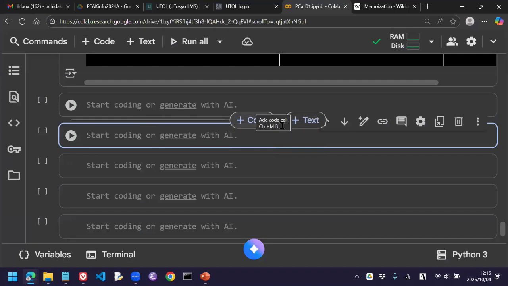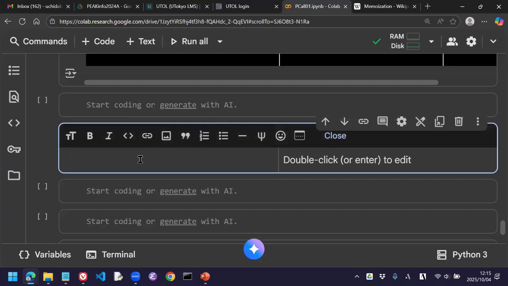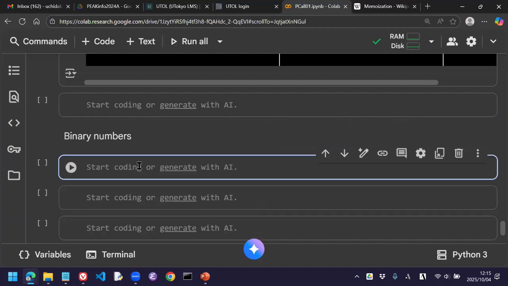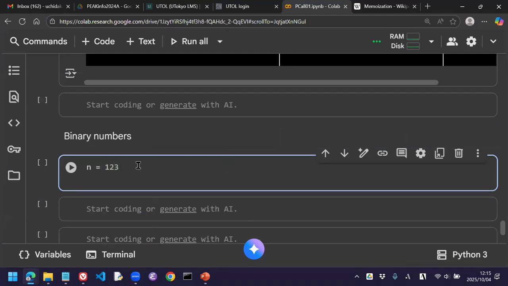So for example, as I said, let's write it this way. n equals 123.